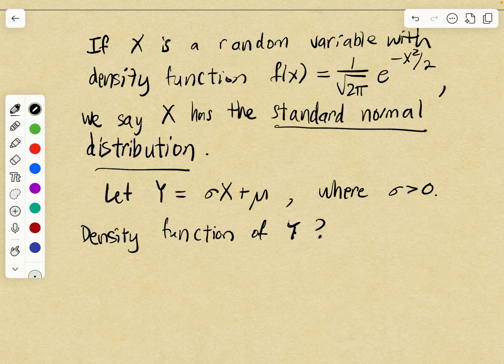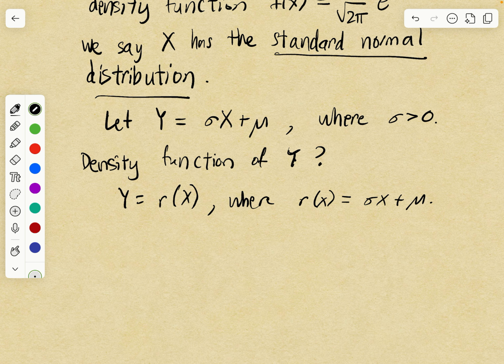Well, notice that y equals r of x, where r of little x is sigma x plus mu. And so r has inverse s of y equals y minus mu over sigma.